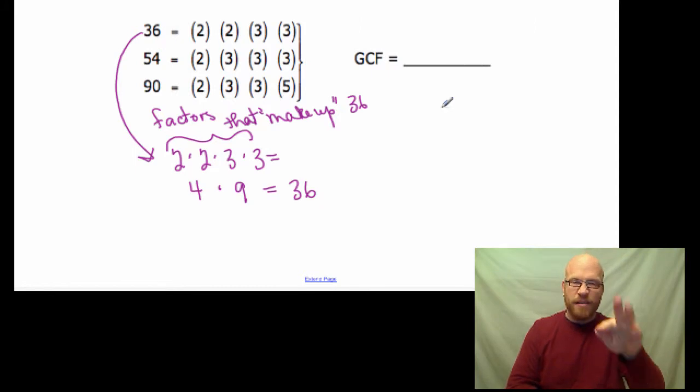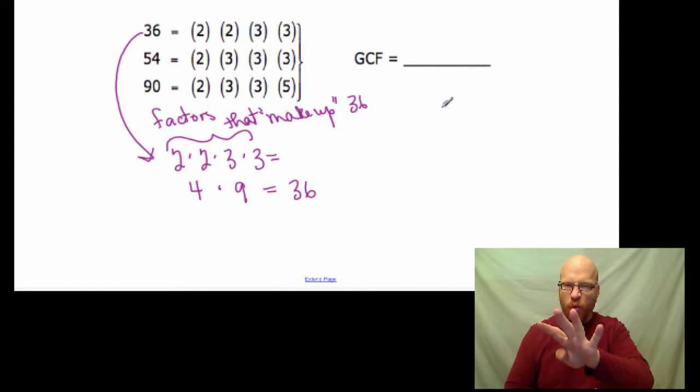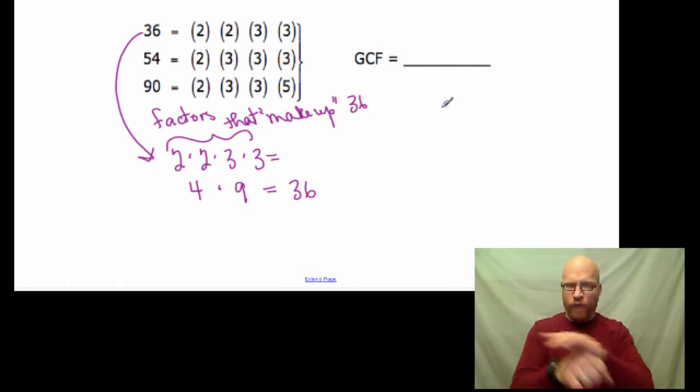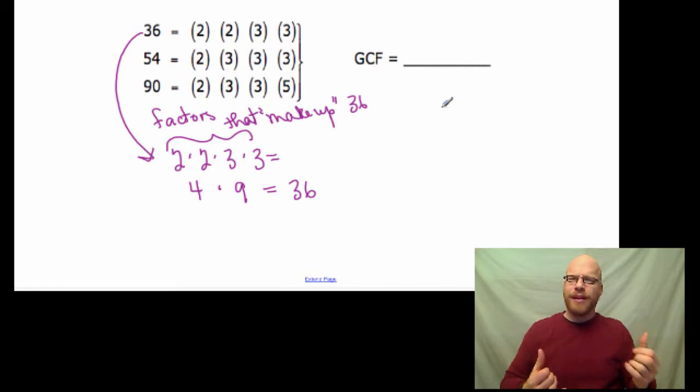So the factors 2 times 2 times 3 times 3 equals 36. Now we have the same thing for 54 and for 90. All those are fully factored.